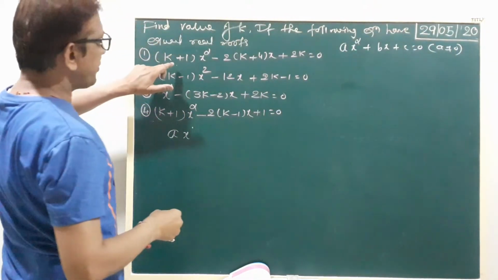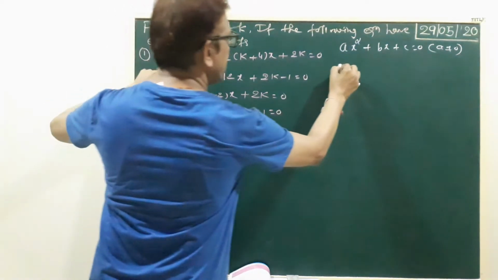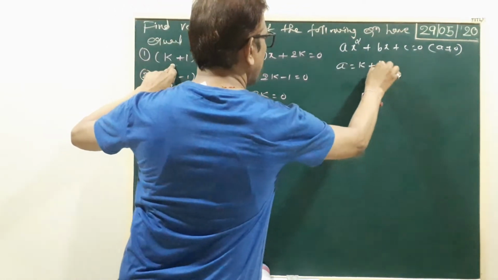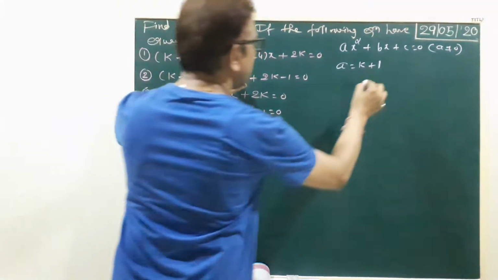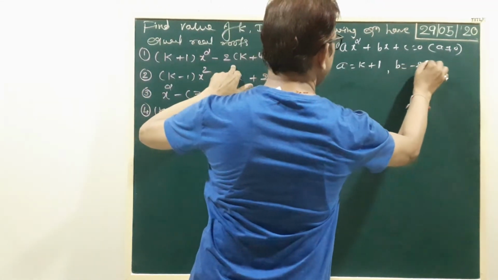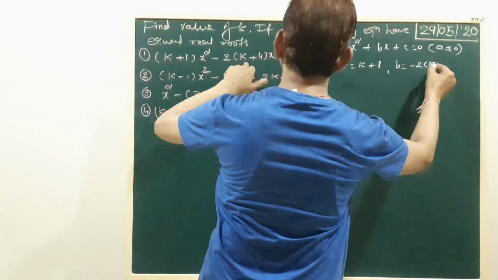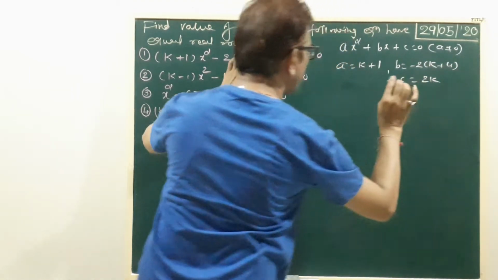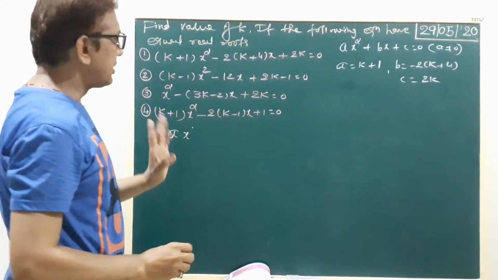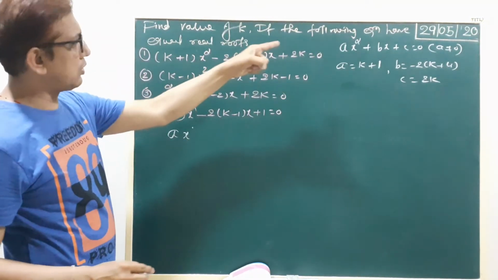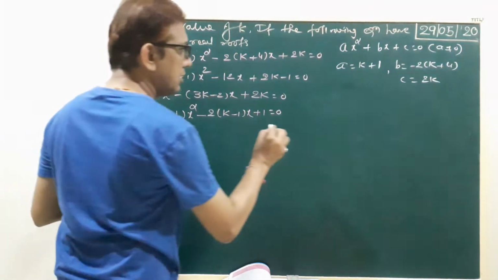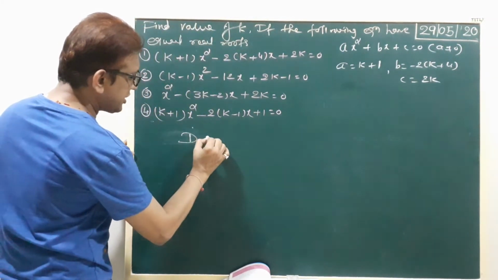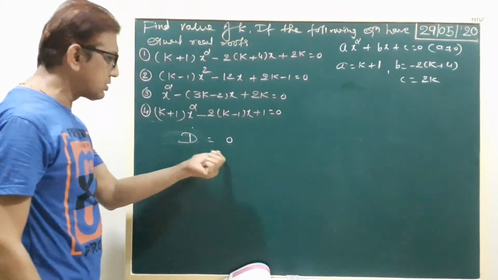Now compare the first equation: a equals k plus 1, b equals minus 2 into bracket k plus 4, and c equals 2k. This is our question. Now the given equation has equal real roots, so we start here. Discriminant equals 0, we accept this condition.